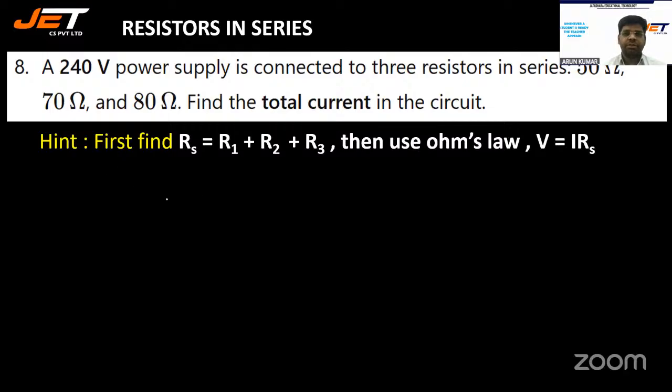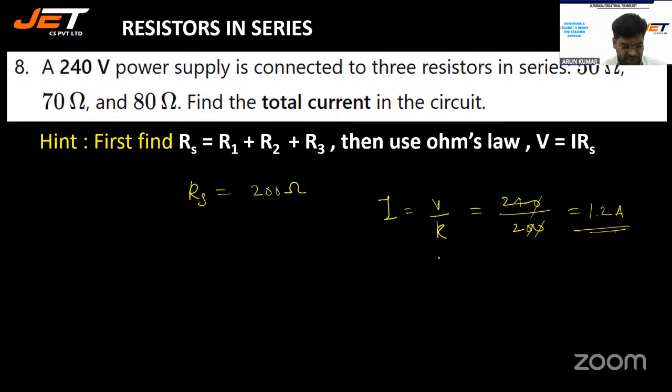So how do we do this? What is the effective resistance? 50 plus 70 plus 80, that is 200 ohms. Current would be V by R, which is equal to 240 by 200, 1.2 amperes.